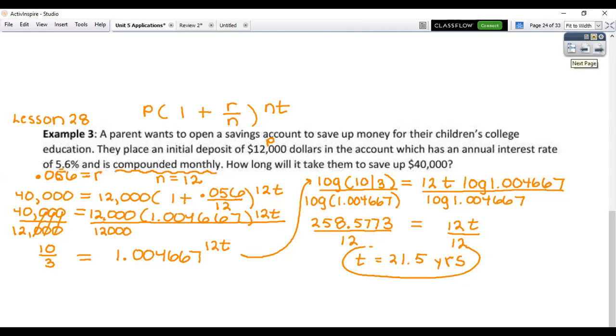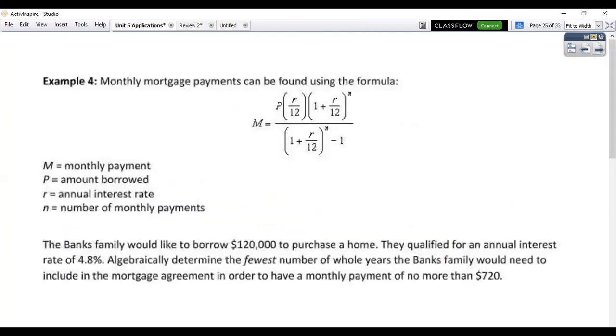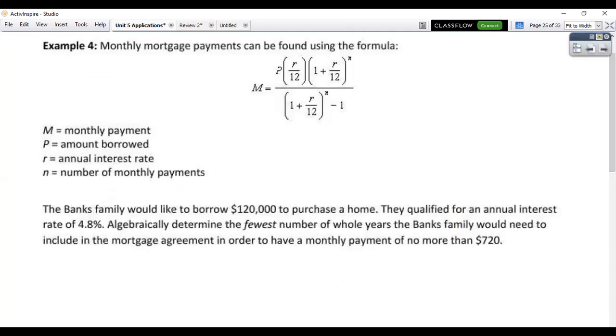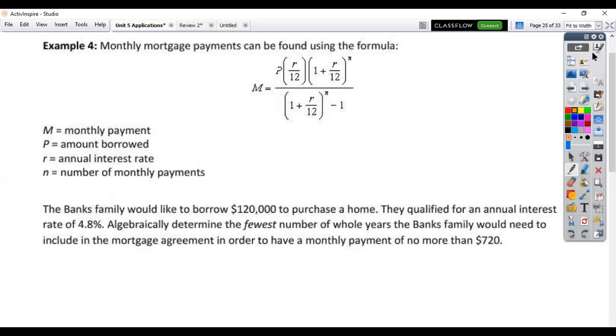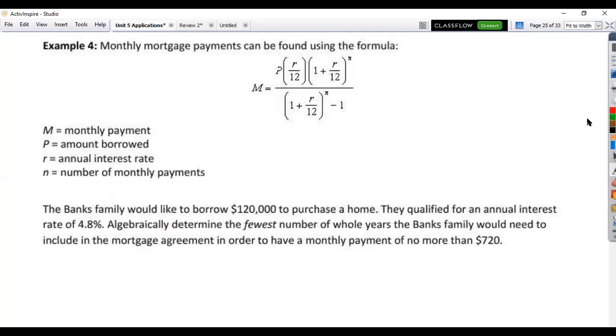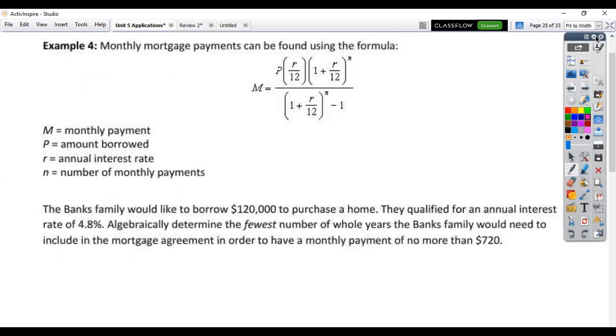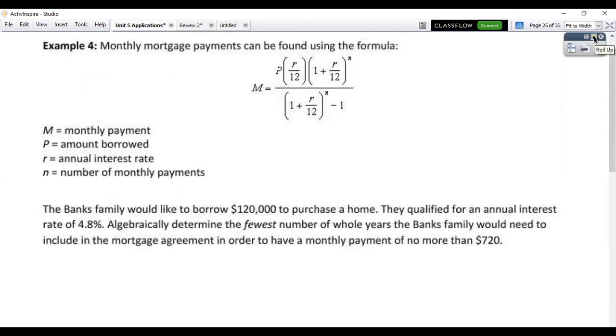Over to number 4, and I'm going to go really slow through this, okay? So at some point in your life, you are going to own a house, most likely, right? So this formula right here represents one version of a monthly mortgage payment formula, because there are other different versions as well.